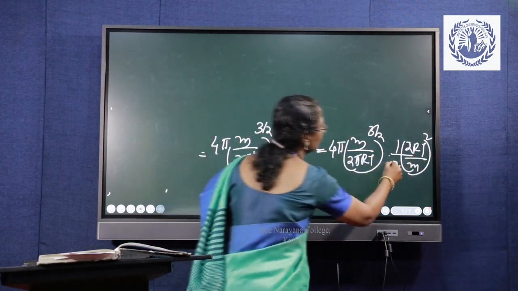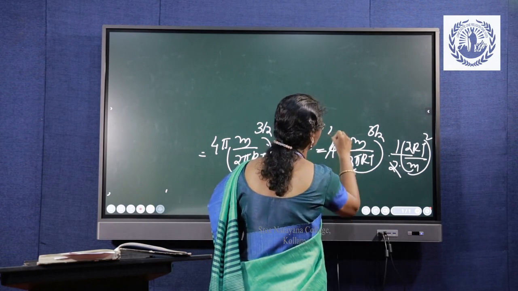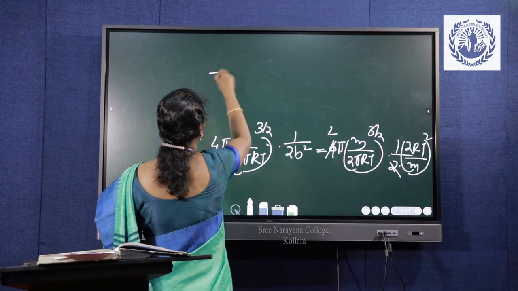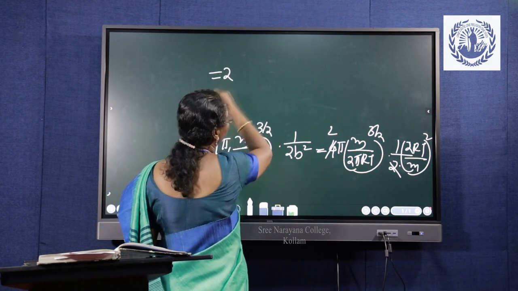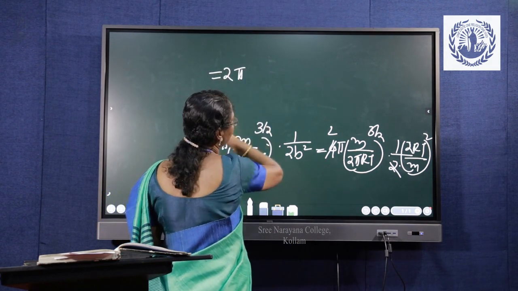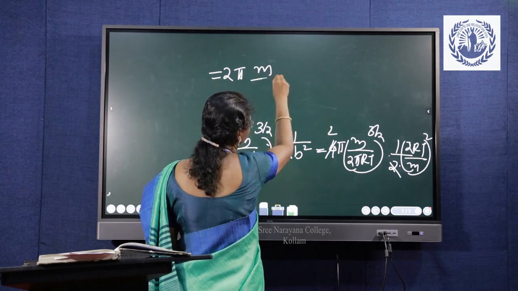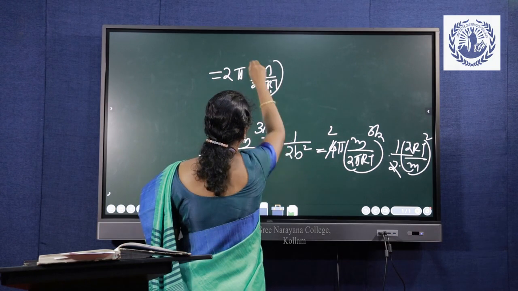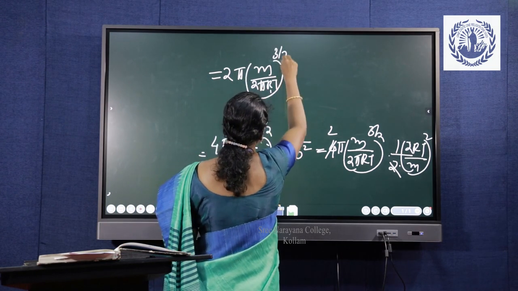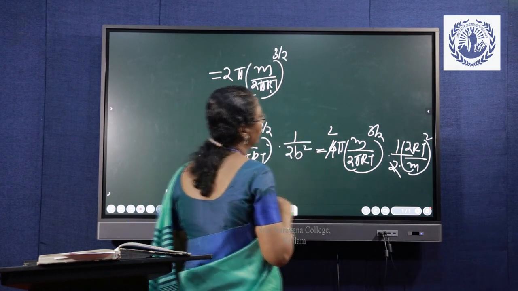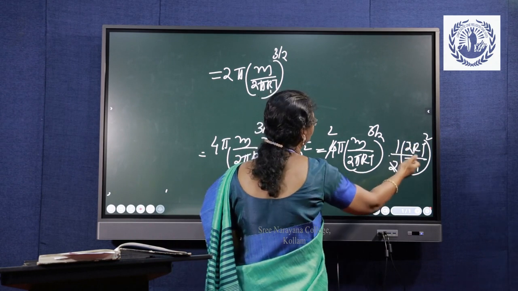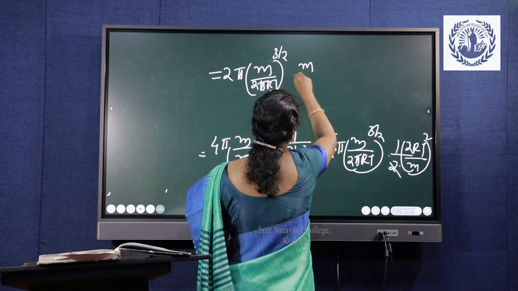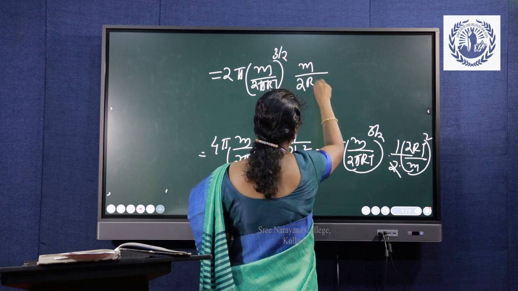Now 2 and 4 get cancelled to give 2, and then we can write 2 pi into (m by 2 pi RT) the whole raised to 3 by 2, and here it is 2 RT by m. We can write it in the inverted form, that is m by 2RT.